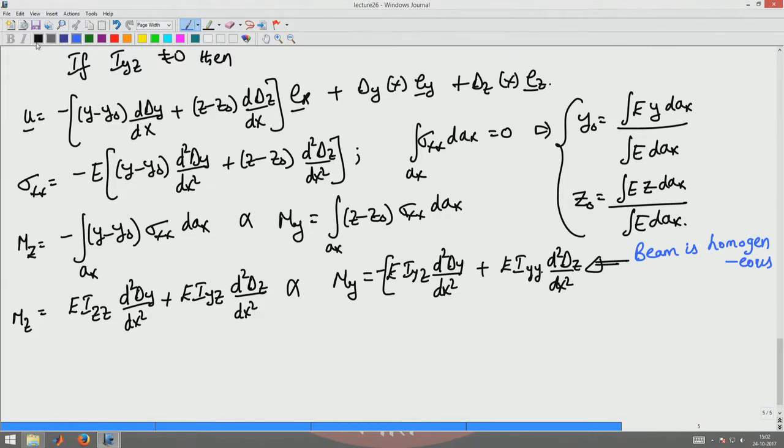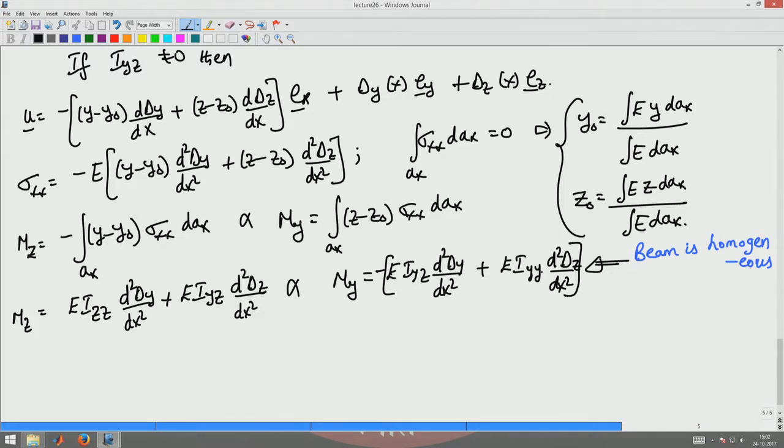Now, what I have to do is solve these two equations to get d square delta y by dx square and d square delta z by dx square in terms of M_y and M_z. So, there will be a negative sign in here.